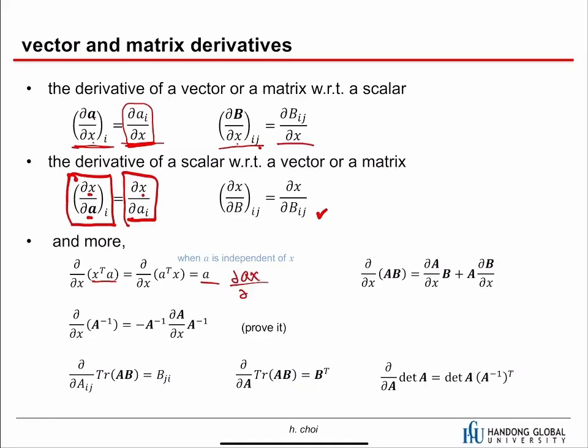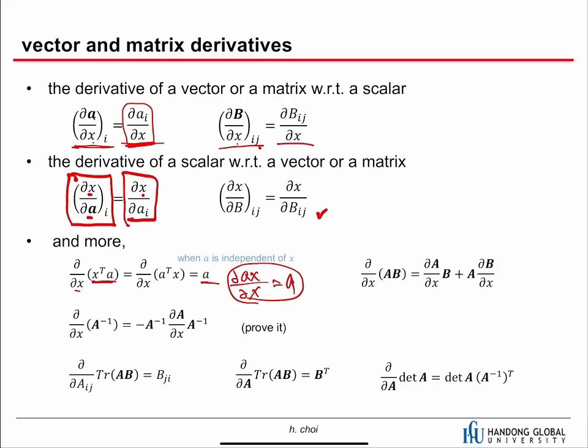When A and X are scalar variables, then this is A. Likewise, we have X transpose A, where X is a vector and A is a vector, then still, when we take a derivative of this one with respect to X, it's A. Okay, and when we take a derivative of A times B, it's like a function composition. So take the derivative of A times B plus A times the derivative of B.